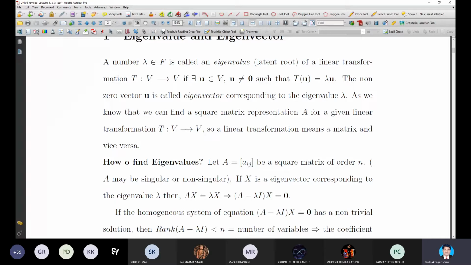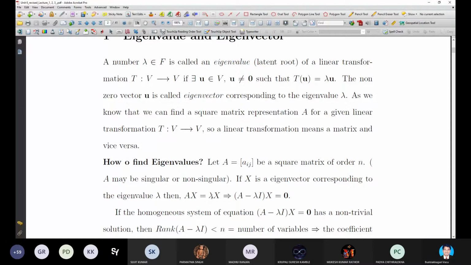If there exists a non-zero solution X for the equation Ax is equal to lambda x for any scalar lambda, then this non-zero solution X is called the eigenvector corresponding to the eigenvalue lambda.